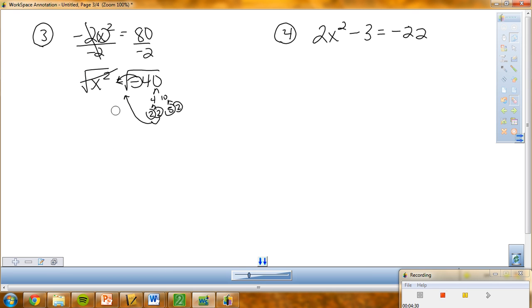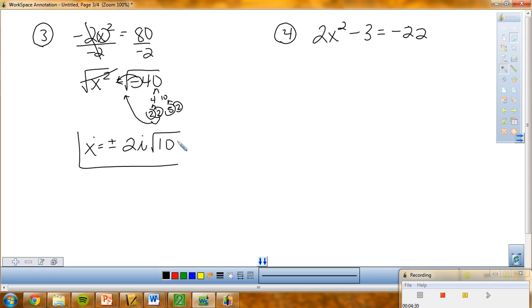So this is going to result in my x being equal to, take out the 2's, my negative means I'm taking out an i, and underneath my radical I still have a 5 and a 2, so a 10. Even though I'm taking out a 2 and taking out an i, I still need to represent that I took a square root. I drew the symbol in, so I do need to have my plus or minus included.